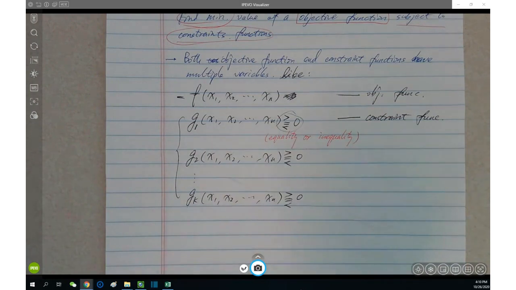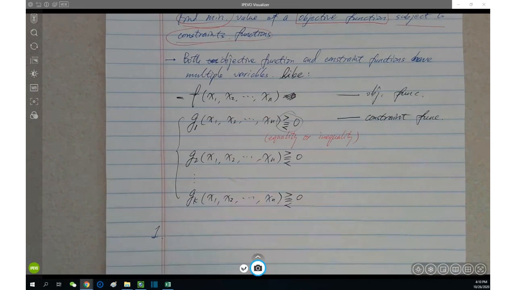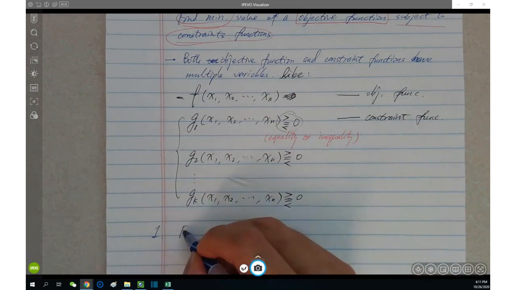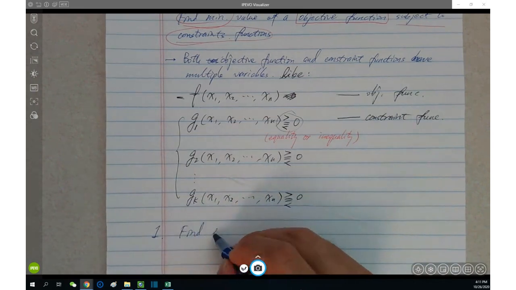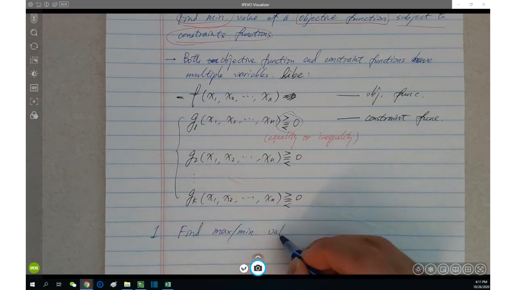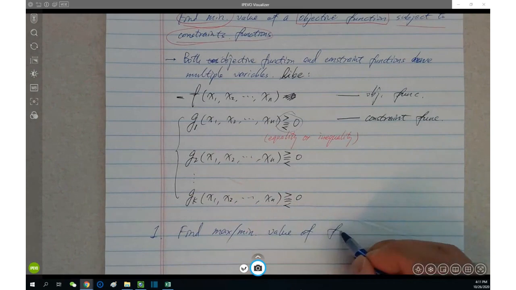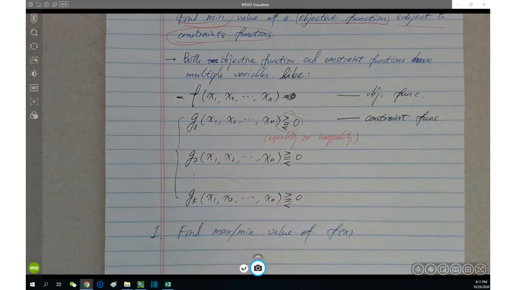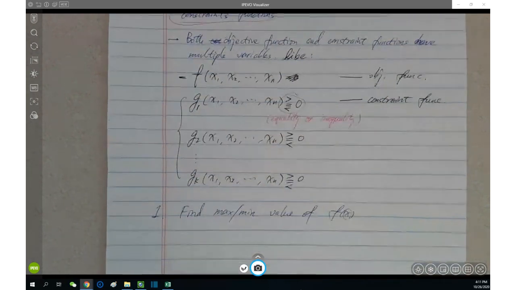And of course, the first thing is how to find the maximum or minimum value of a function f. This is something we learned before in math class, with just one single variable, just the x-dependent function.